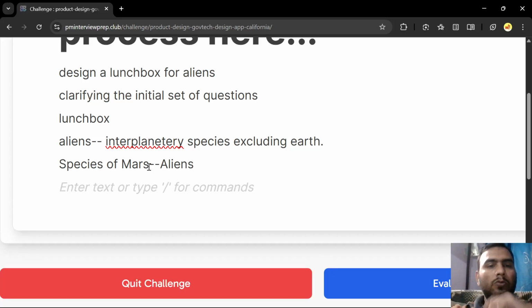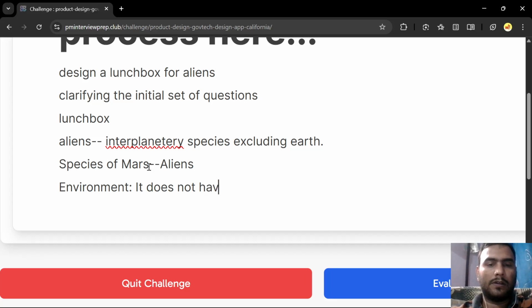Okay. Now let's define the environment in which they exist so that we have more clarity. It does not have gravity. If we were to describe their physical formation, how they look, the shape and size of aliens, we are not aware.